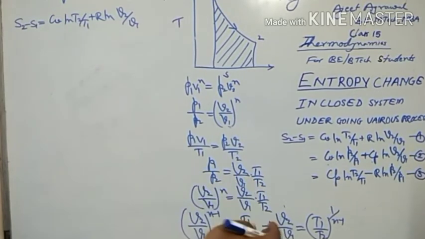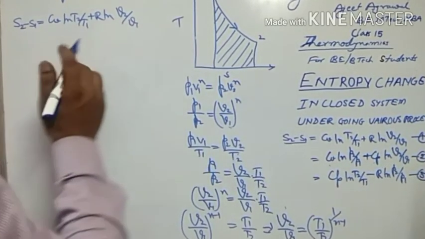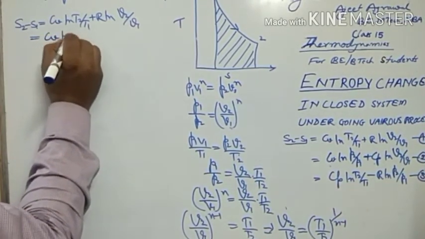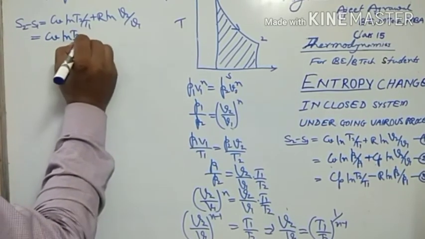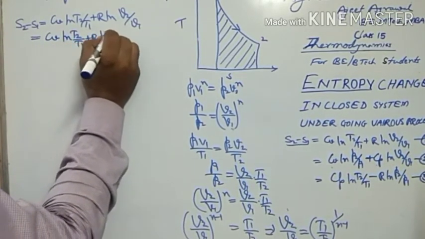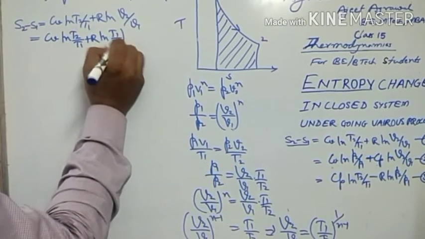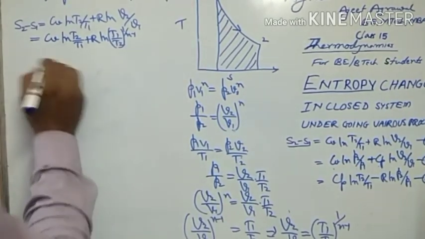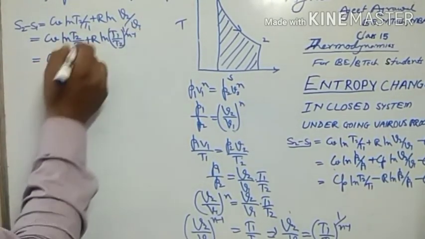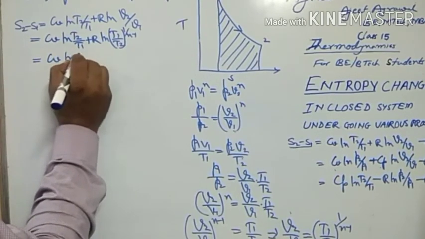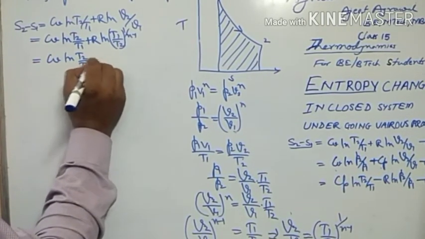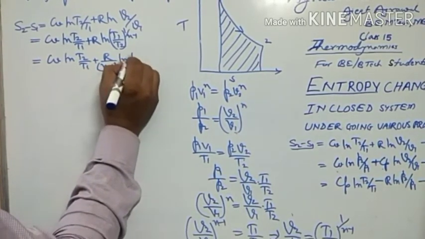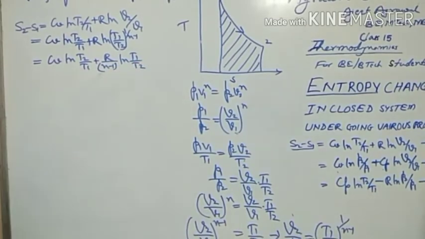So substituting the value of V2 by V1 in this equation, it becomes Cv log of T2 by T1 plus R log of T1 by T2 to the power 1 upon n minus 1. Or we can take 1 upon n minus 1 out of the log, Cv log of T2 upon T1 plus R upon n minus 1 log of T1 upon T2.